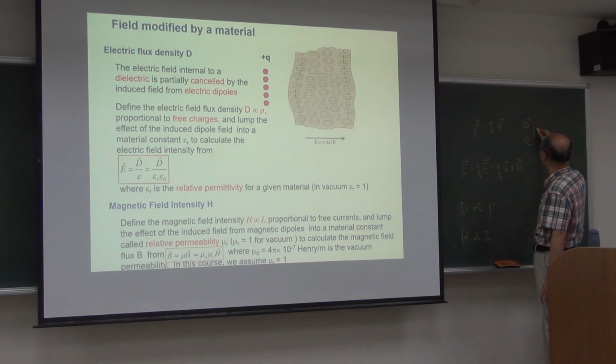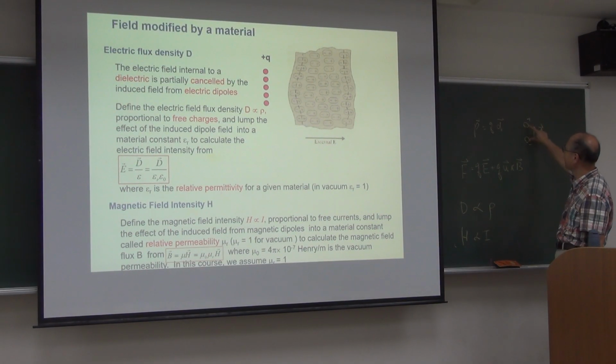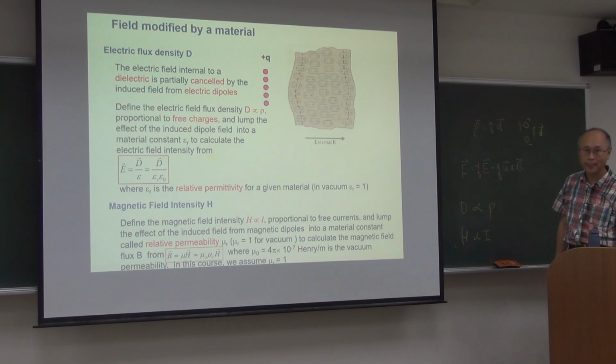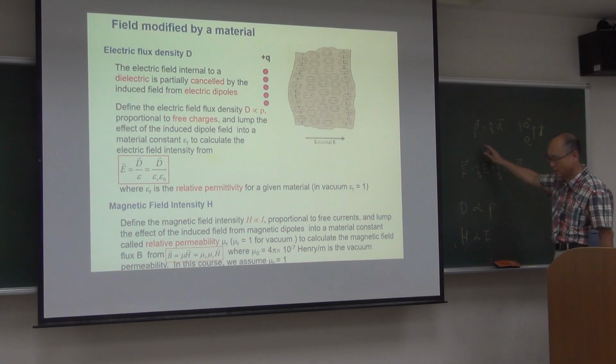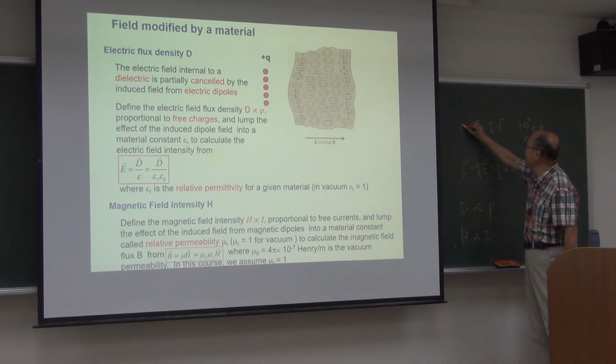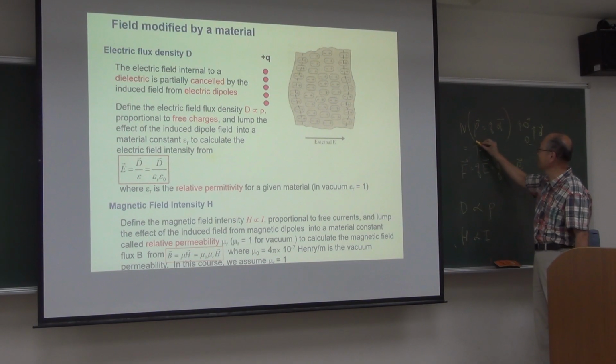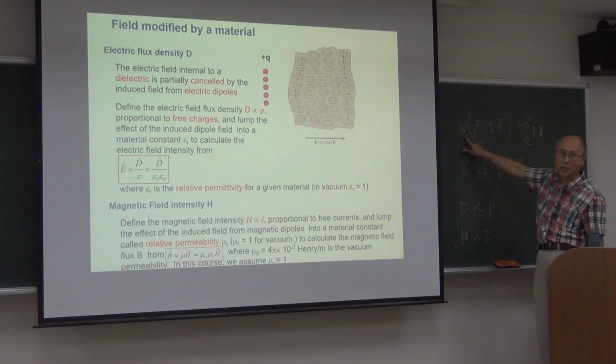And then you have this d, separation of d. If the distance is separated by d, with a positive charge and a negative charge, then you have a vector d from the minus sign to the plus sign. This is one dipole. And then if you have many dipoles per unit volume, then you have this polarization density vector. This is the number of dipoles per unit volume.